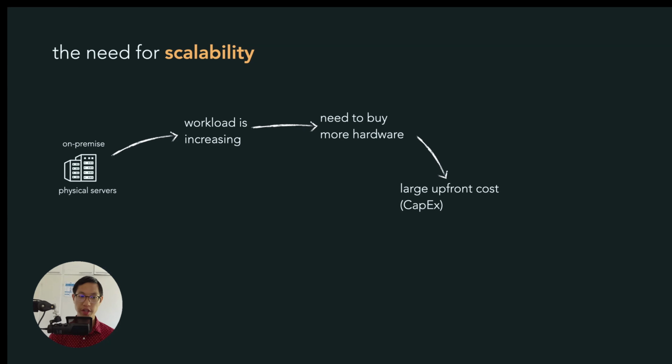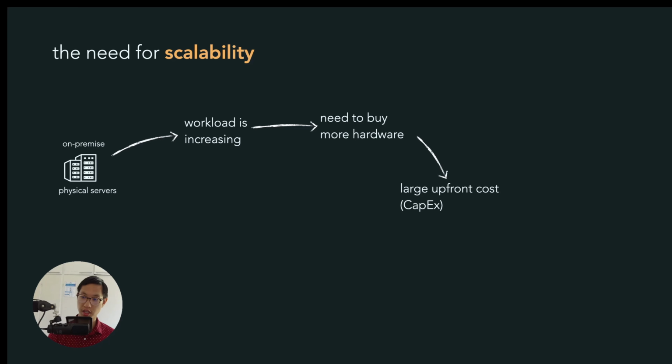However, this is not flexible and hard to manage. Why is it not flexible? For example, suddenly you have a lot of workload and you need more servers. Then after a while, you don't have so much workload, so it's hard to return all these servers. And then suddenly when the workload comes up again, we need to buy those again.